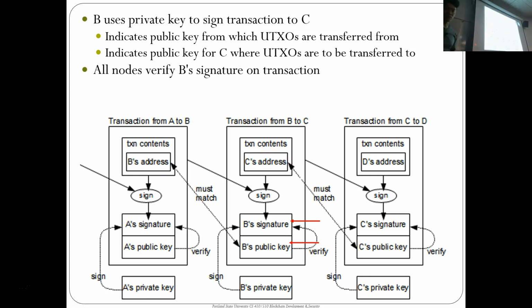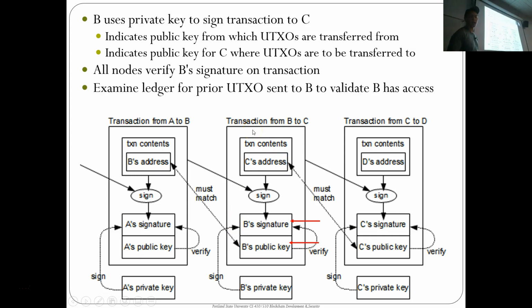And then everybody is going to verify that B's private key did in fact sign. So B is going to sign this thing, and then everyone's going to verify that these things match, that this is an appropriate signature for this transaction.